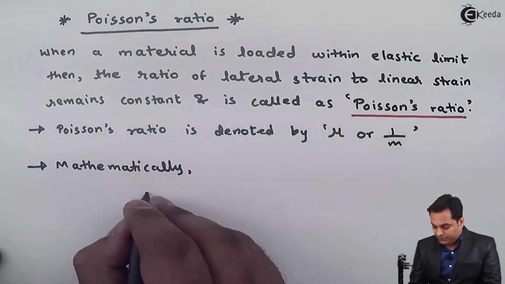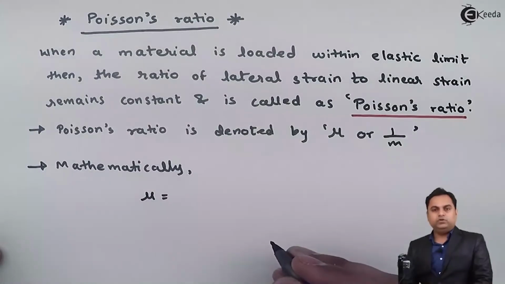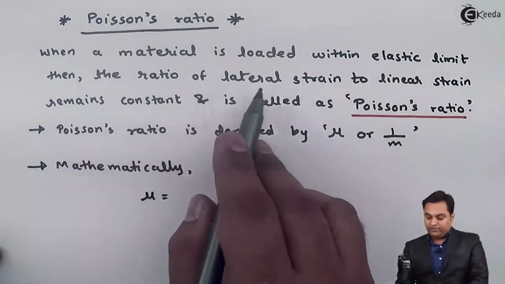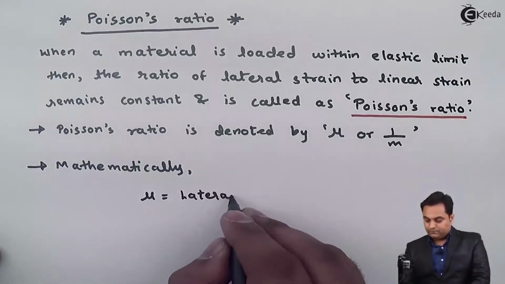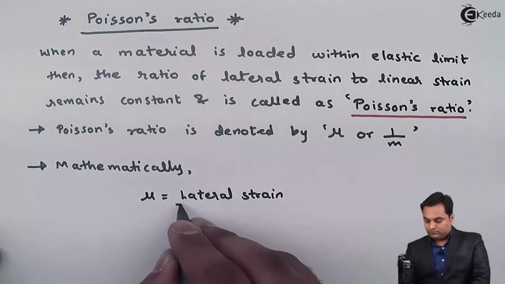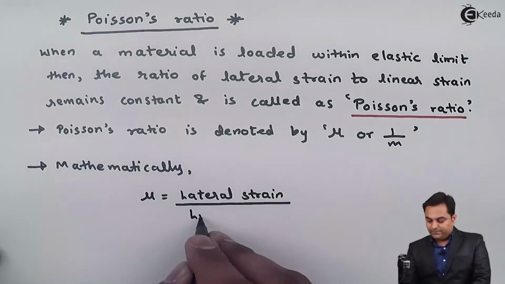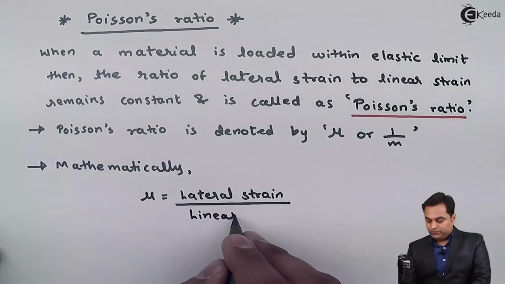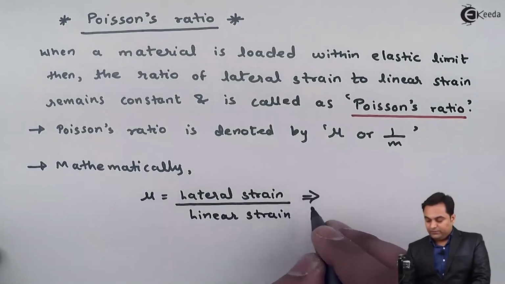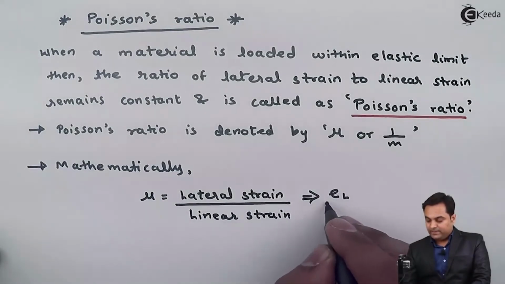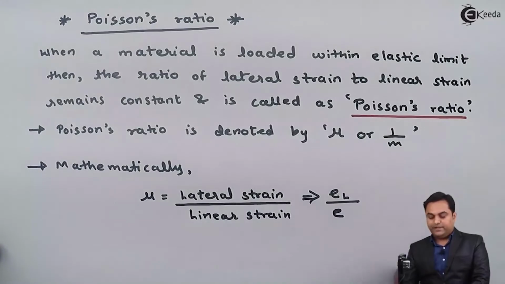Poisson's ratio mu will be equal to, since it is the ratio of lateral strain to linear strain, lateral strain to linear strain. Lateral strain would be denoted by E suffix L. Linear strain is denoted by E.